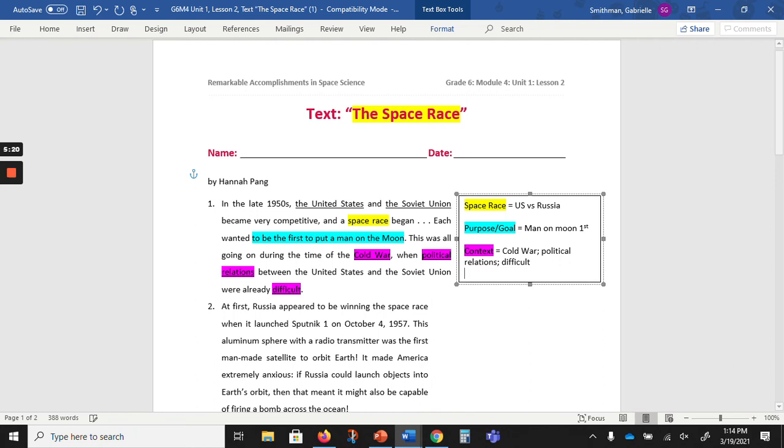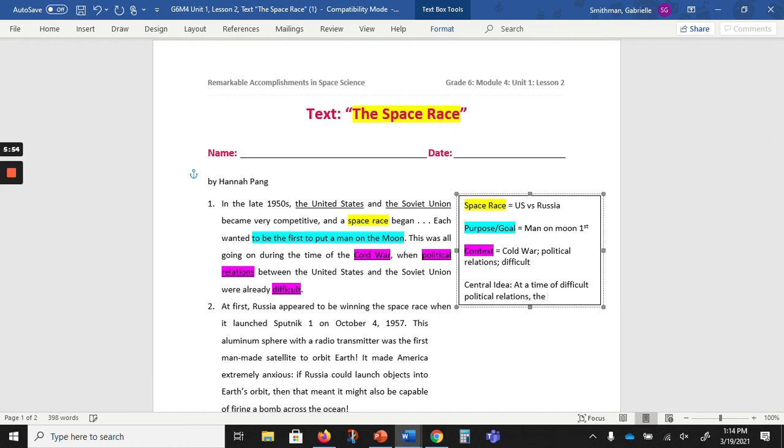So I'm going to write my current running idea of what I think the central idea of this is going to be about. So the central idea of this paragraph, I think, is at a time of, and I'm going to bring in that context, at a time of difficult political relations. I'm using those exact words from that context, political relations and difficult, in my central idea.